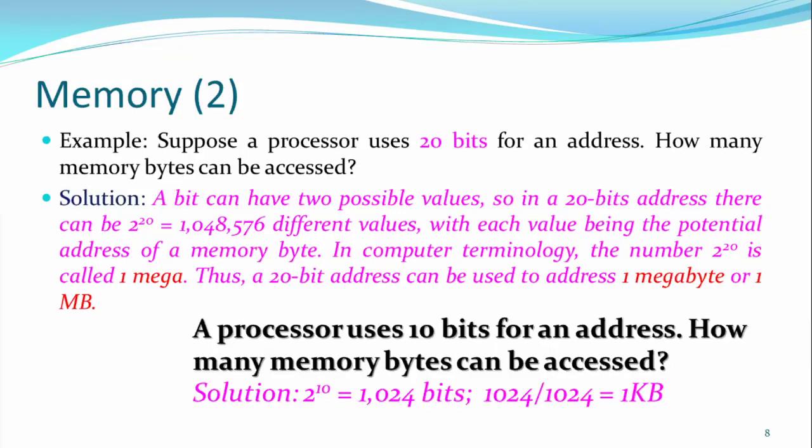The microprocessor can understand how many total bits are used in the address. Using that total number of bits, like 20 or 10 or whatever, say 40 bits in the address, the microprocessor will calculate 2 power 40, and that many bytes is the memory size.